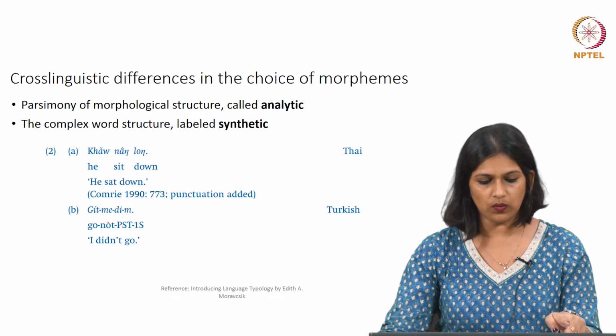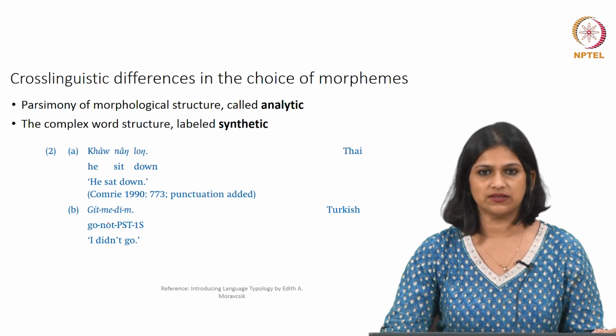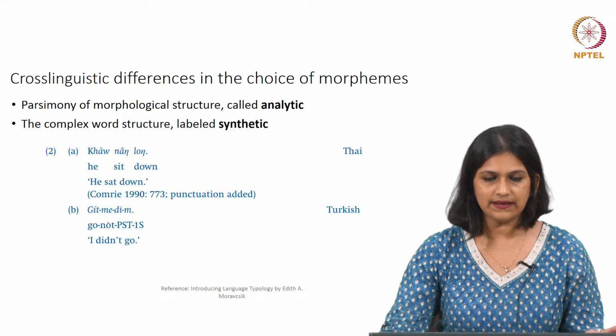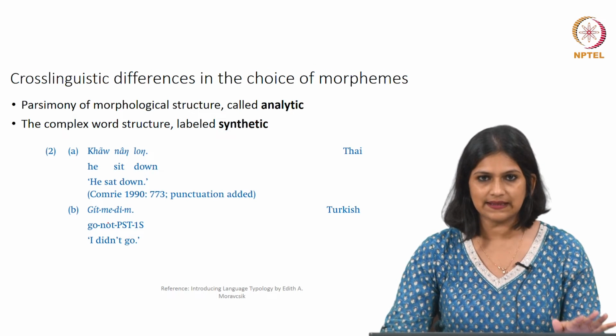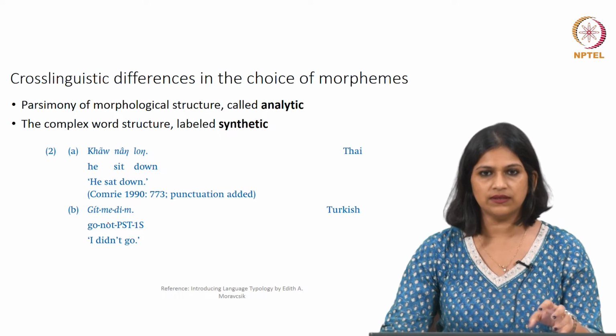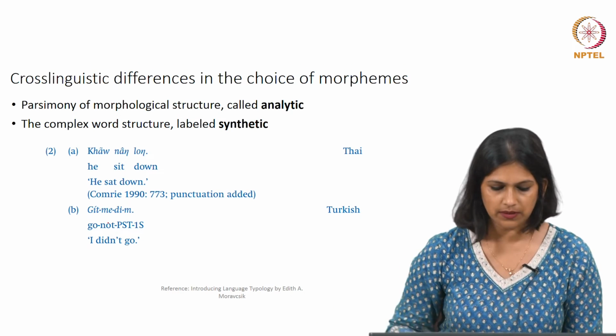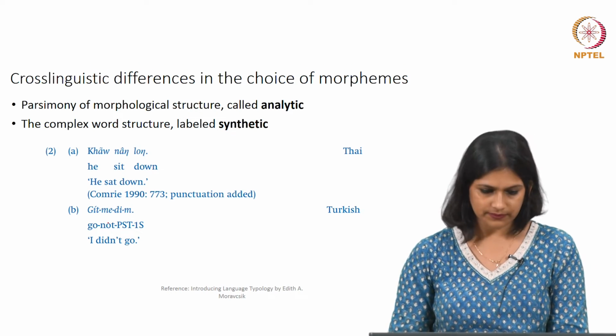So, cow is a word, it means only he, it does not have any other information associated with it. Nan is a word, it means sit, that is the verb. Long means down, it could be considered as a particle or as a preposition, it is up to the language speakers.